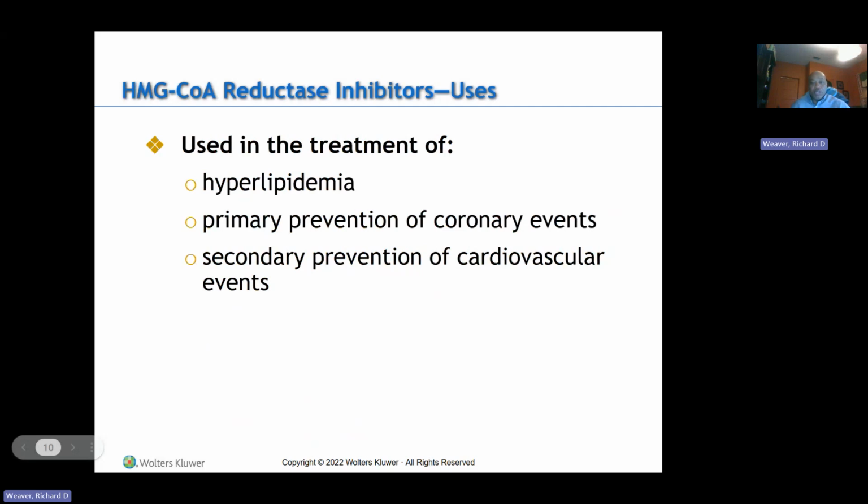Now, as far as the secondary prevention of cardiovascular events, what happens here is you have these patients with hyperlipidemia with evidence of coronary artery disease. So we're aware that they have the disease, this plaque buildup, this hyperlipidemia.